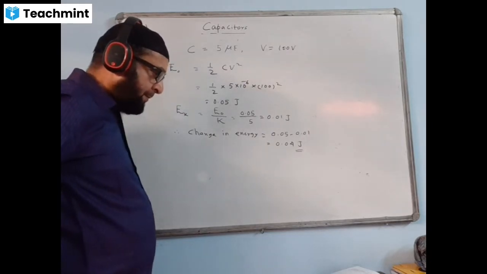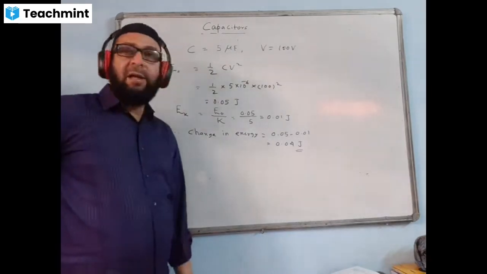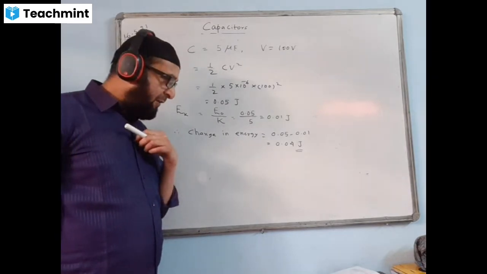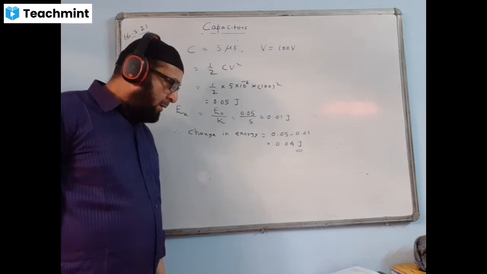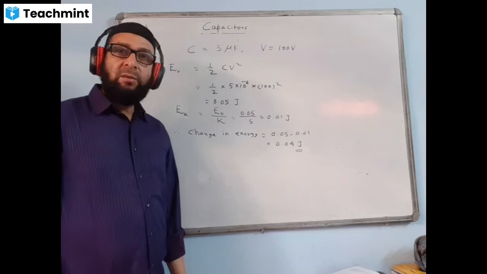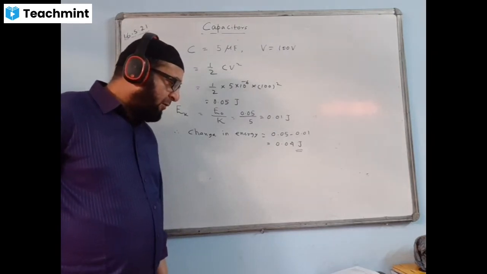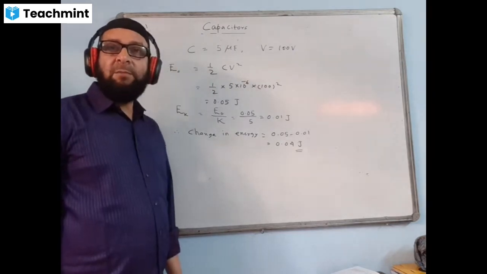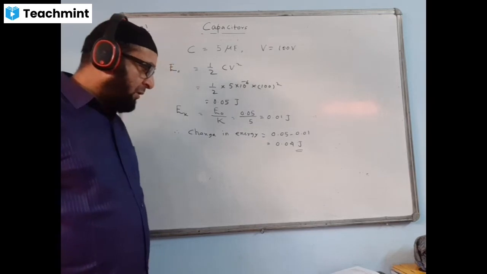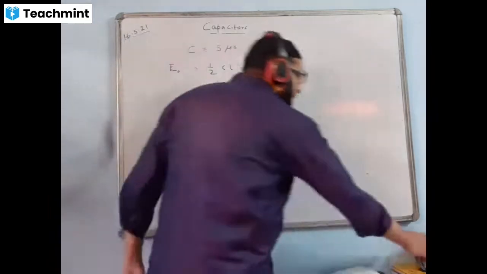Next question is: an electric flash lamp has 20 capacitors, each of capacitance 5 microfarad, connected in parallel.